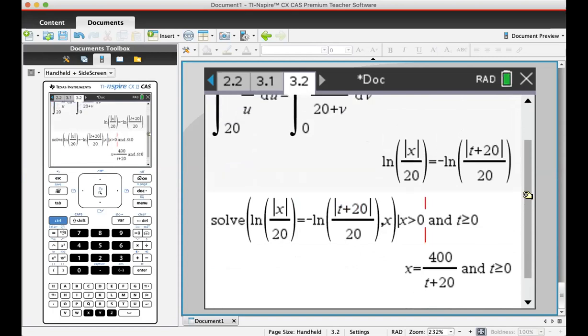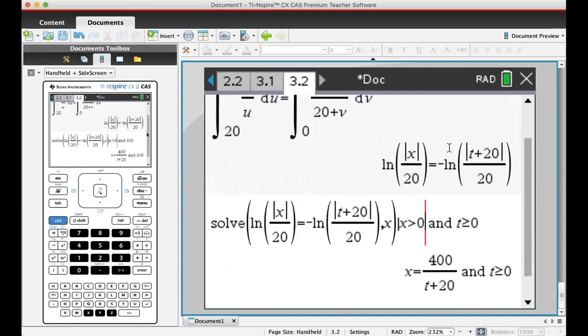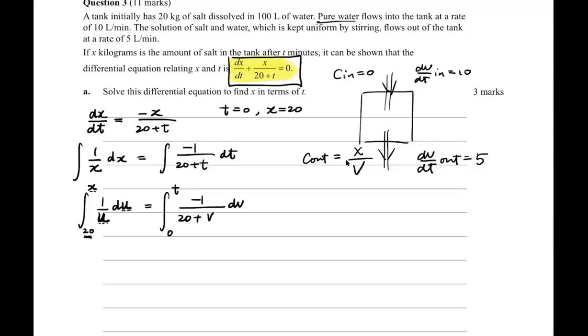So how should I write down my working steps? Have a look here. Right. So you should have log e of absolute x over 20 equals minus log e of absolute t plus 20, over 20.